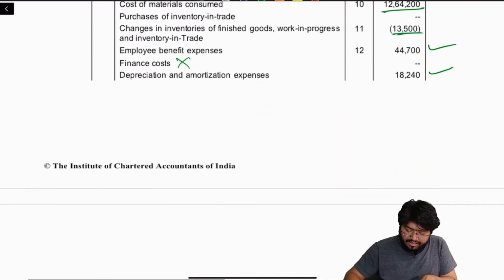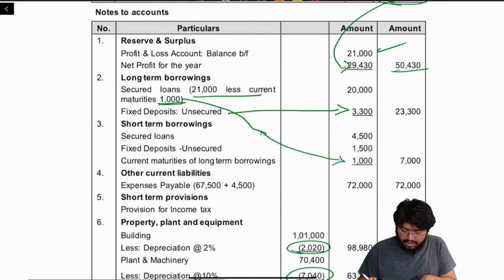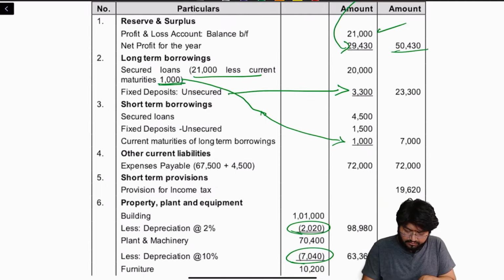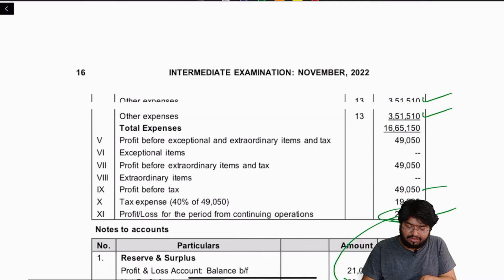So where did you get that 7,000 from? What all are added here? So secured loans, it is already given for 4,500. Unsecured is 1,500, and from long-term borrowings, whatever you have restructured here for 1,000, that is all put together, and it is stated as 7,000 here.